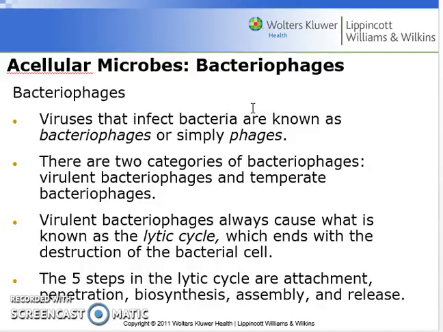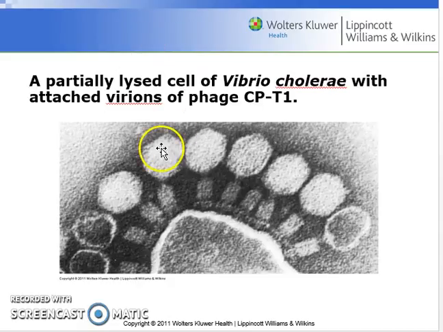With the process of attachment, you have here a cell known as Vibrio cholerae, an organism that causes cholera, responsible for the cholera outbreak. This organism is being attacked by a virion known as CPT1.